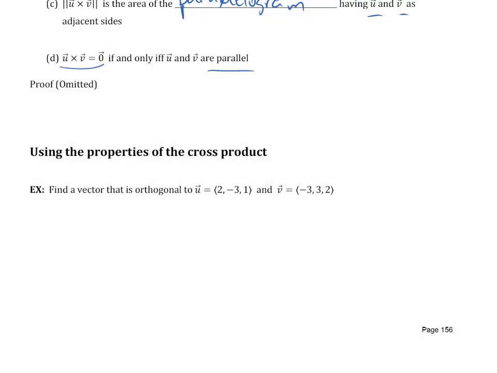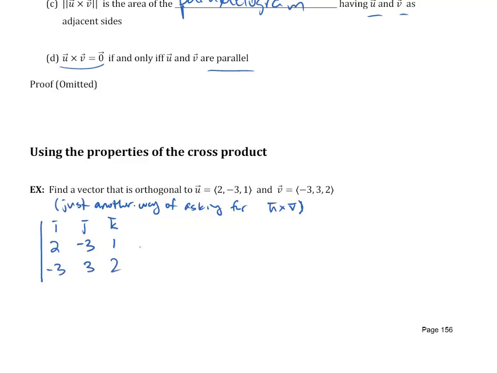So how do we find a vector that's orthogonal to two given vectors? Okay, just another way of asking for u cross v, or v cross w for that matter. If we find u cross v, we are going to find an orthogonal vector to both u and v. How do we do that? We put i, j, k as the first row in a 3 by 3 determinant, 2, -3, 1, and -3, 3, and 2.